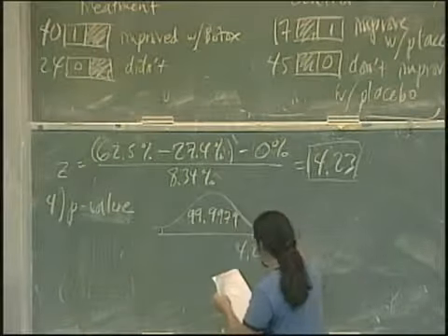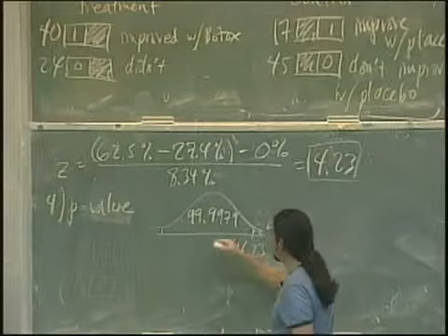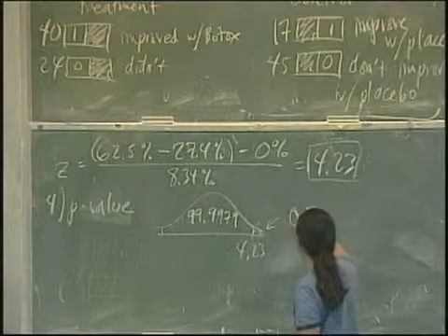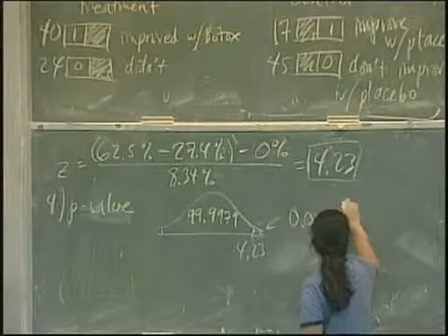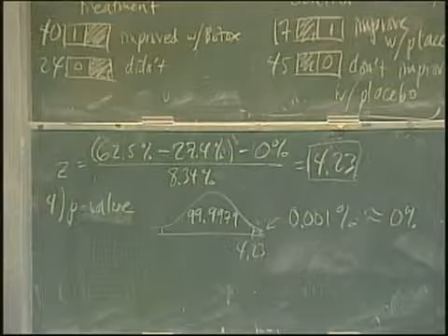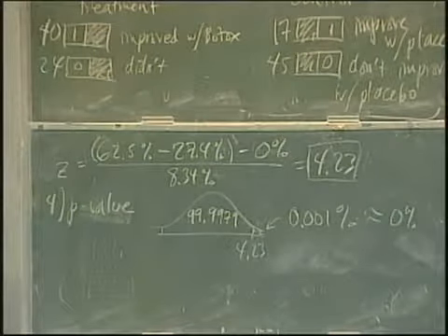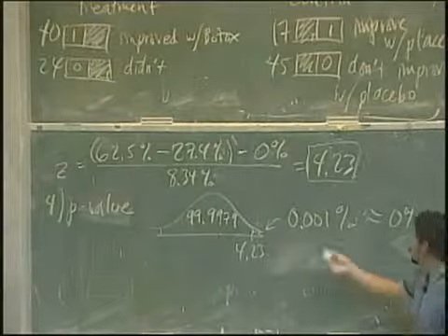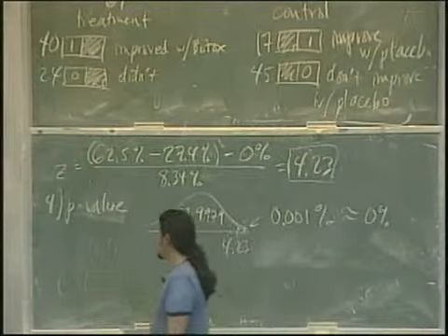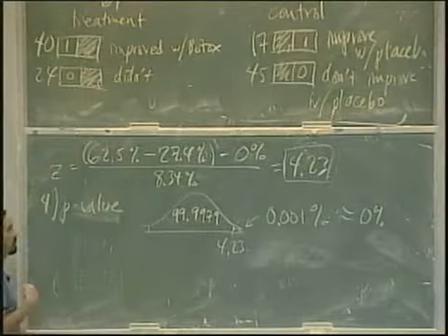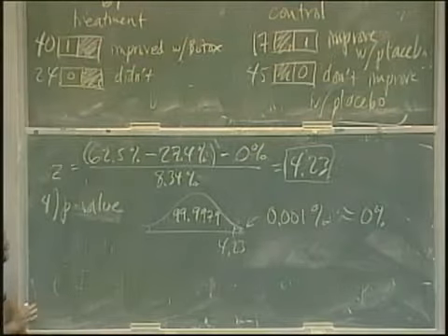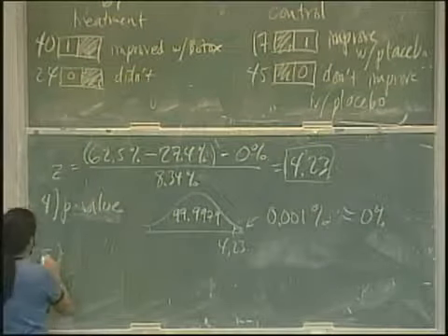So 100 minus this, divided by 2, is going to be 0.001%. That's close enough to 0 that it's okay with me if you just treat it as being essentially 0. It's 1/1000th of 1%. So essentially, it's extremely unlikely that we would ever observe a result this extreme just randomly. Okay? So our conclusion will reflect that.